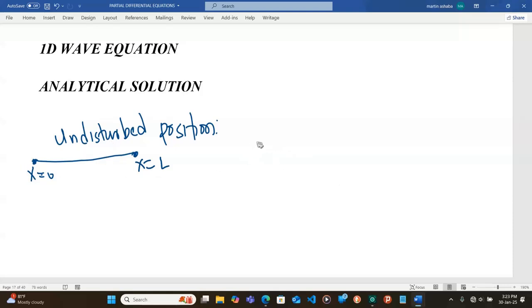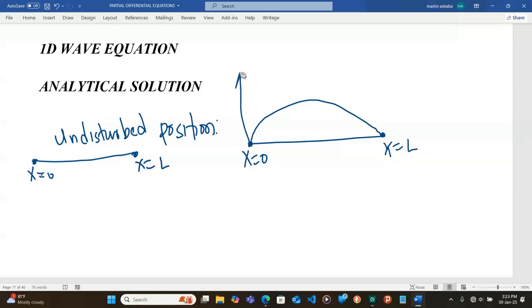So this is going to look like this. Once you stretch it, then here, this is at x is equal to 0, this is at x is equal to L, you'll have it describe such a kind of motion. So this is u(x,t).